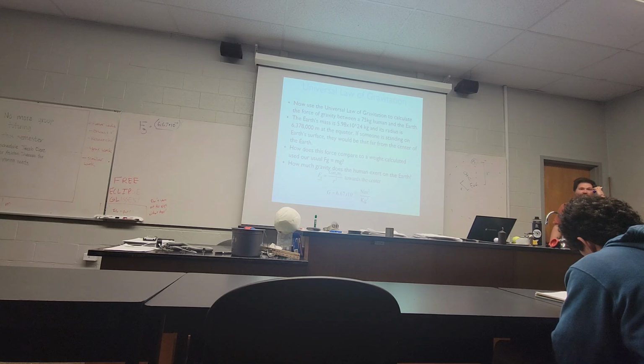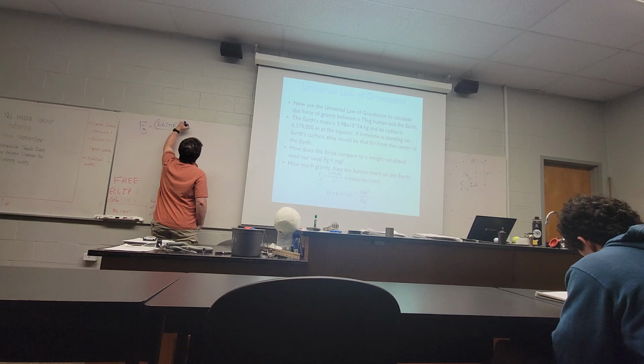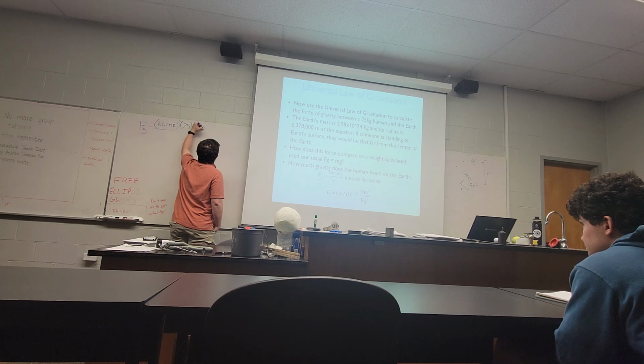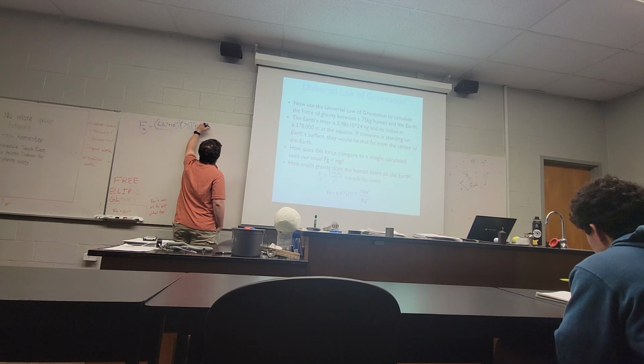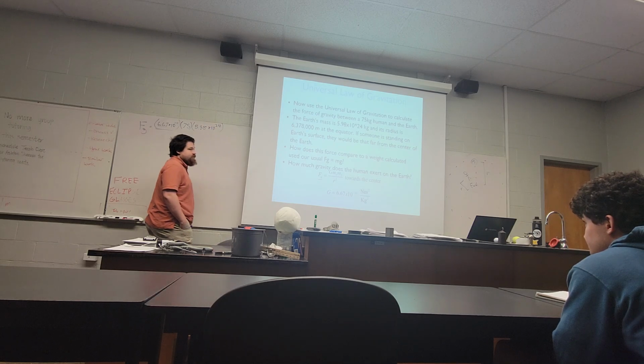We need the mass of these two things. We're going to use 75 kilograms for the mass of our human. And for the mass of the Earth, scientists have spent a very long time trying to estimate this. Currently, we use 5.98 times 10 to the 24th kilograms.